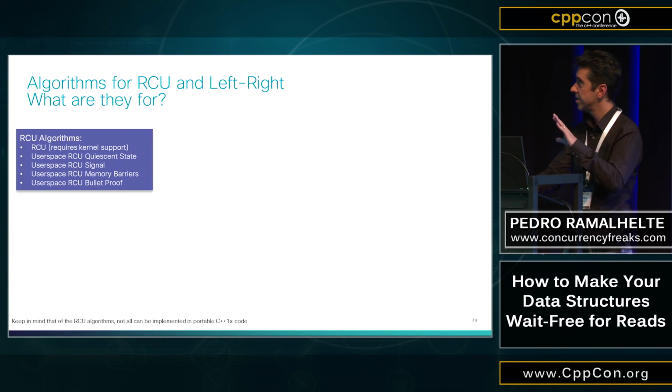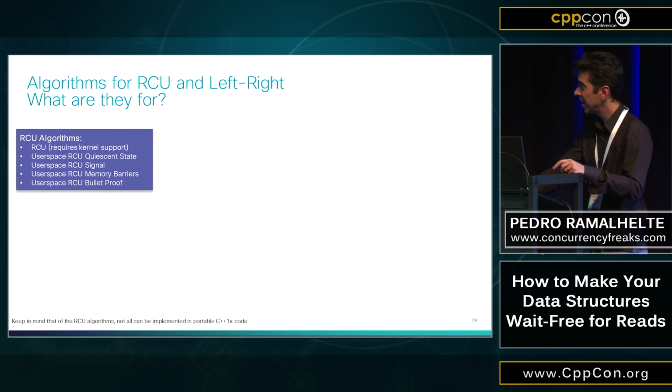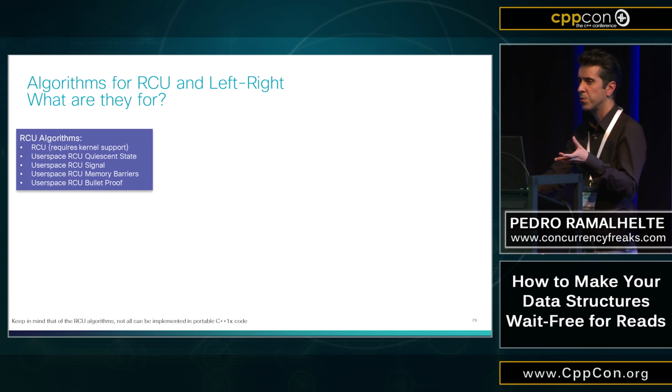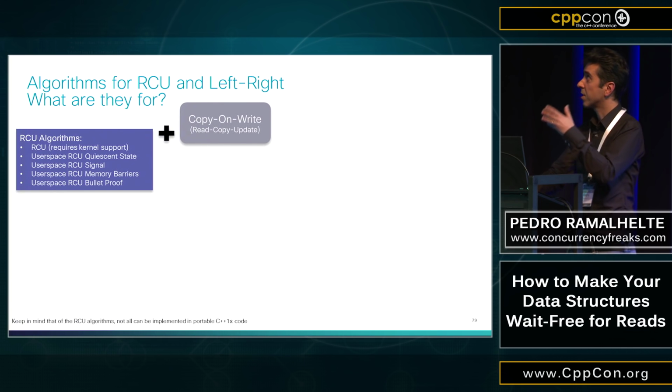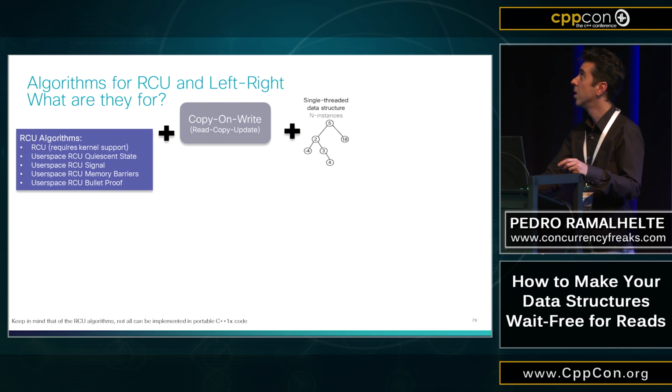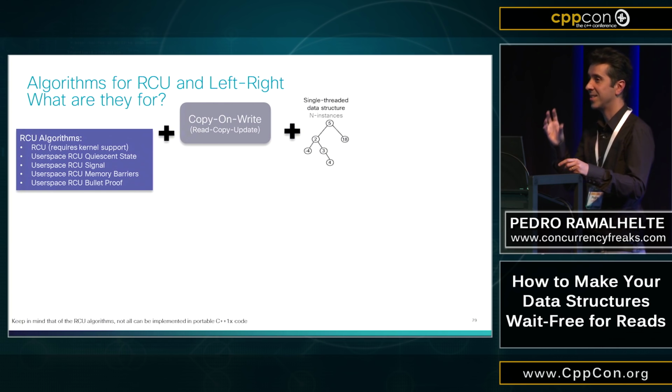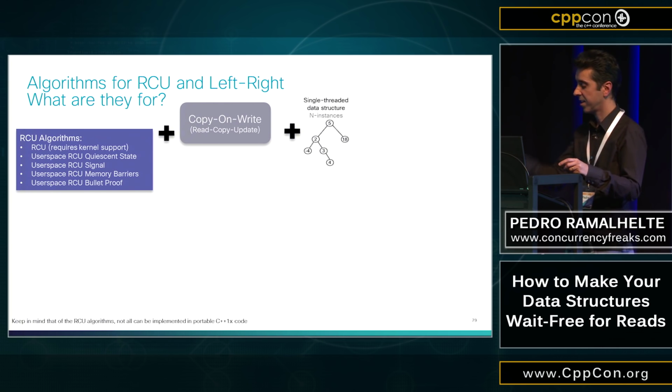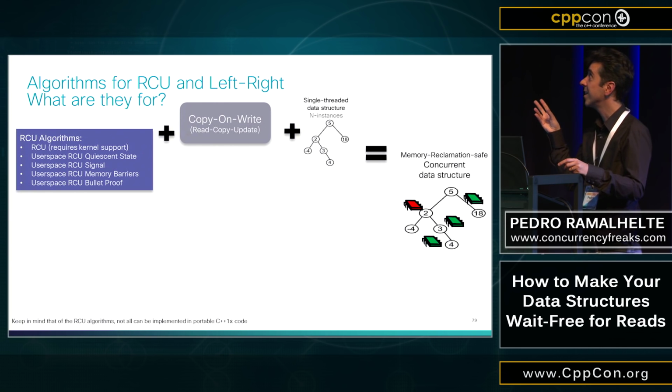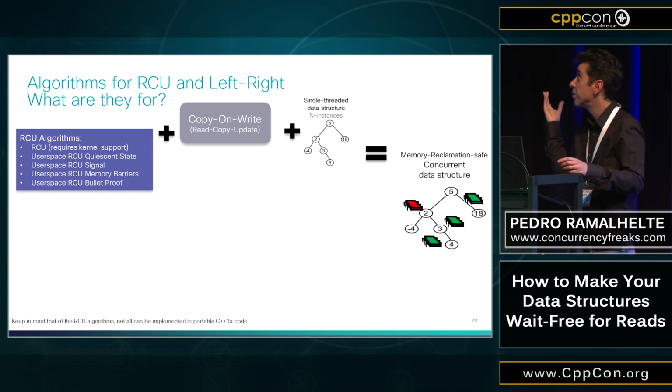And this is the last slide, kind of. So suppose you have all the RCU algorithms and you can use the copy-on-write technique that we talked about, which makes an entire new data structure every time. Well then, you can take a single-threaded data structure, apply that technique, and what you get in the end is a concurrent data structure, safe to use memory-wise, that is wait-free for reads and blocking for mutations, but that's fine.